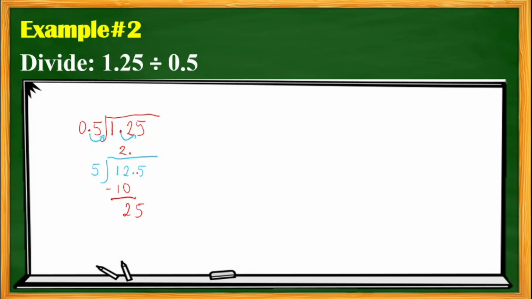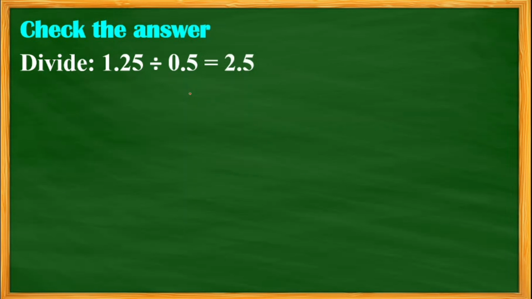Take note of this. So we bring down the decimal number, and it becomes 25 divided by 5. 25 divided by 5 is 5. 5 times 5 is 25. Subtract: 25 minus 25 is 0. So 1 and 25 hundredths divided by 5 tenths is 2 and 5 tenths, which is correct.